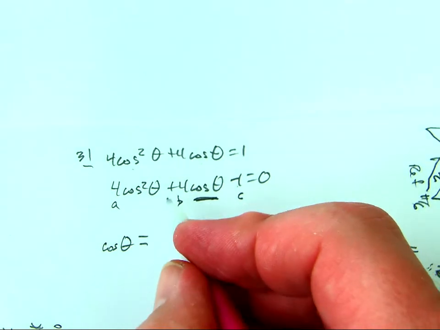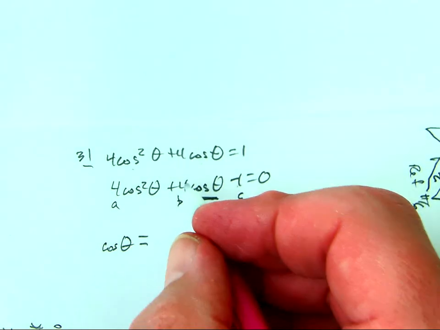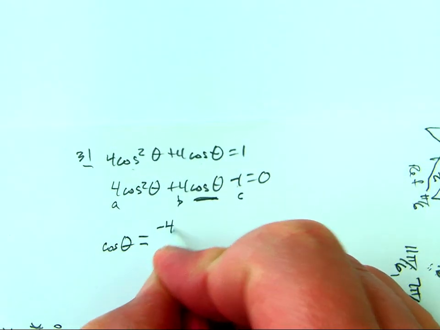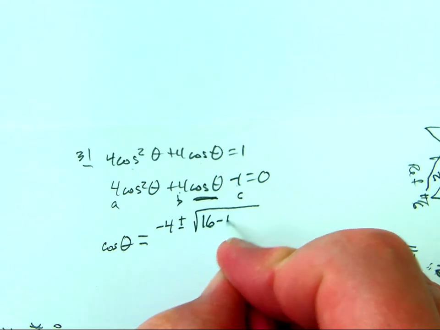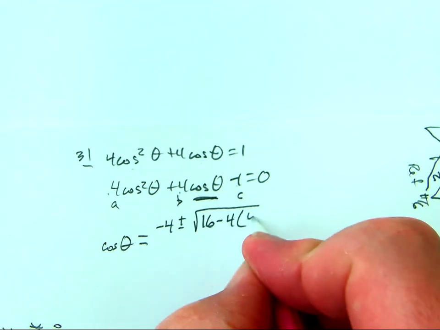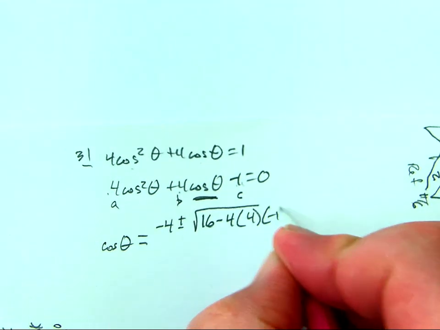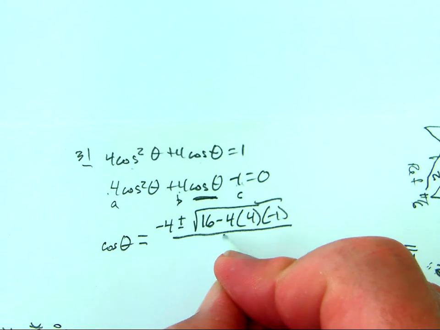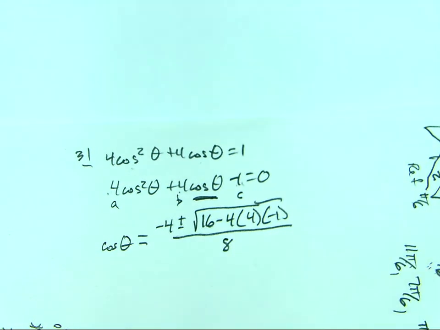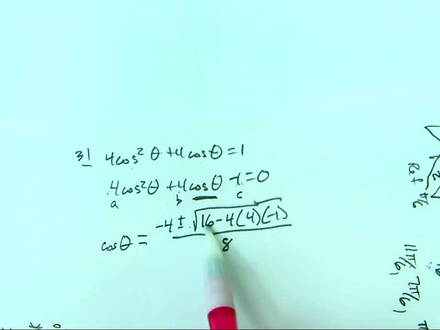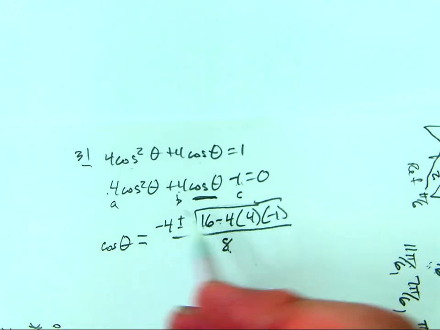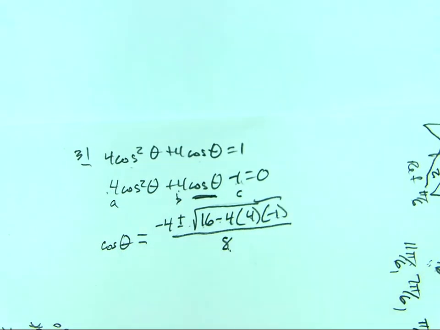So the quadratic formula says take negative b, so negative 4, plus or minus the square root of b squared, so that's 4 squared, minus 4 times a, which is 4, times c, which is a negative 1, all over 2a. So that's the normal quadratic formula, nothing different. Negative b plus or minus the square root of b squared minus 4ac, all over 2a. The only difference is, instead of x equals, we have cosine theta equals.